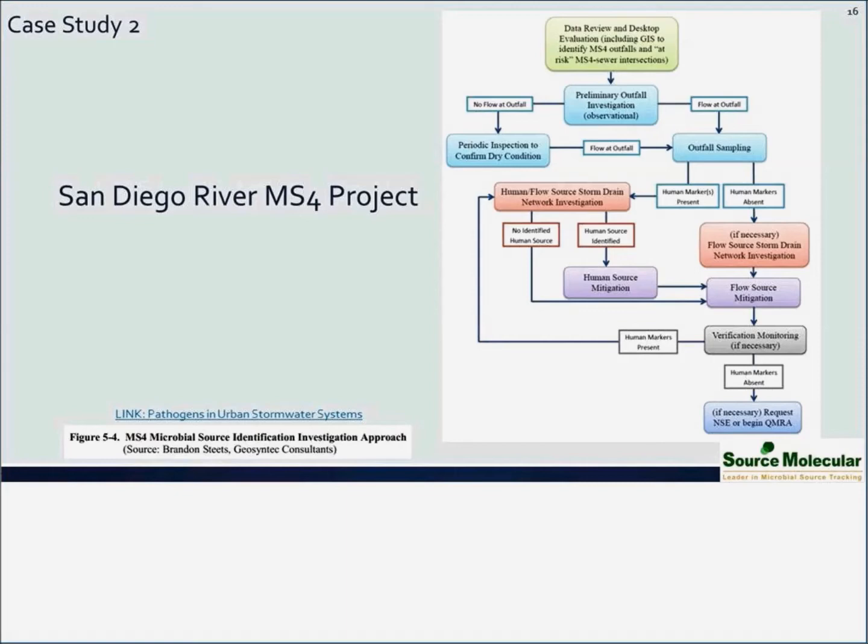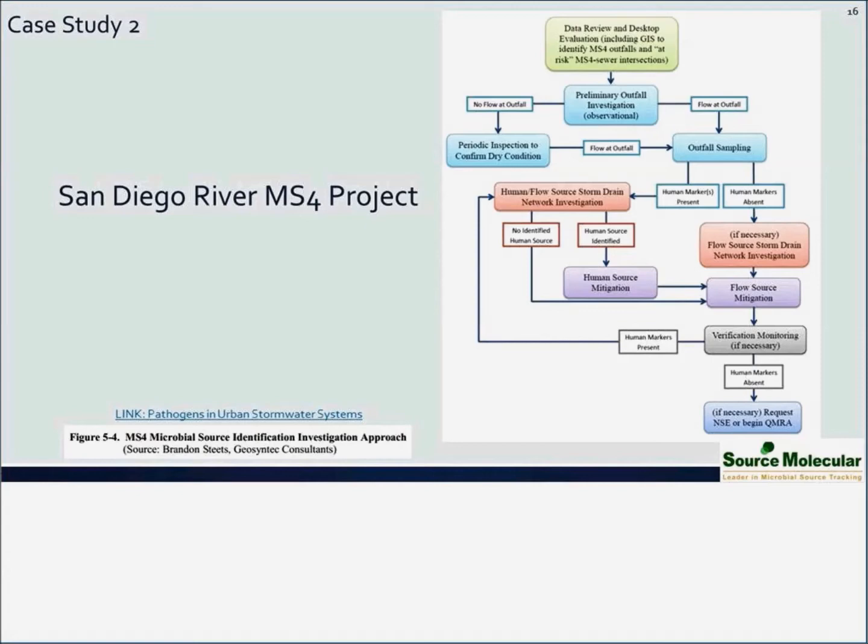If those fecal indicators are present, then you need to go in and try to investigate up the storm drain system to hone in physically where you're finding human pollution. So that would require additional source tracking within the actual storm system.